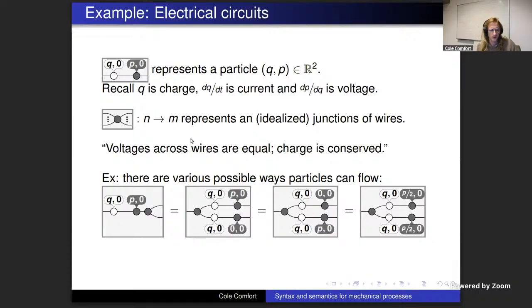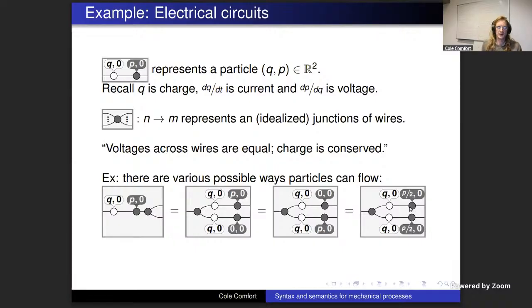So by equal, they have to be exactly the same, but by charge being conserved, only the sum has to be the same. So if you take your particle with a position and momentum, and it runs into a wire which splits in two, the position has to be copied, but there are different ways in which the particle can flow through the wire. The momentum can all go into the top wire, or all into the bottom wire, or it can go in various combinations as long as the sum is the same.